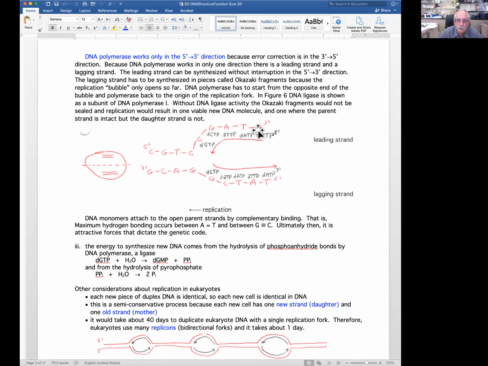So these things line themselves up according to attractive forces. And then DNA polymerase comes along and says, oh, okay, you guys are aligned, I make the bond. So the leading strand can keep going as the replication fork opens up.